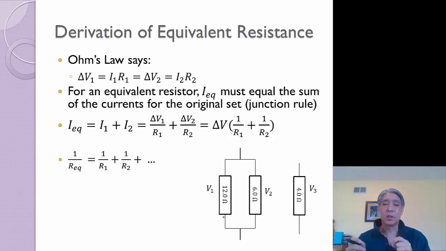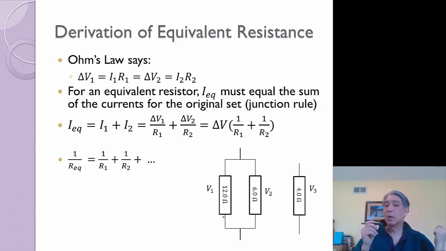And because my voltages are the same, I1 R1 is going to equal I2 R2. And the current through the equivalent resistor, if I'm going to replace them, must be the sum of my currents through the original two.